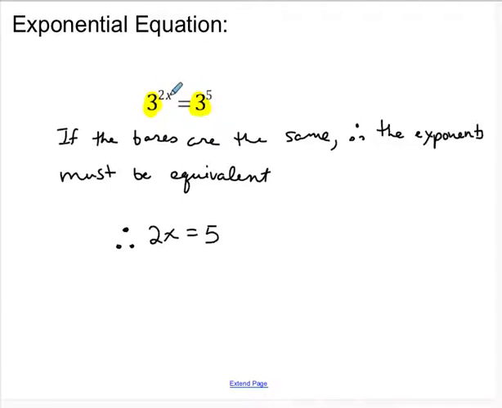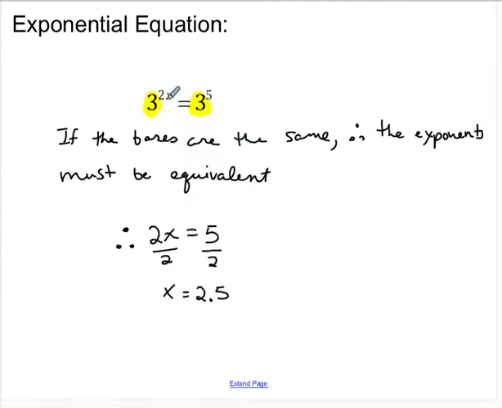So if 2x is equal to 5, then it's easy enough to solve this. It's a nice linear equation. So I could just divide both sides by 2, and so x is equal to 5 over 2, or 2.5.